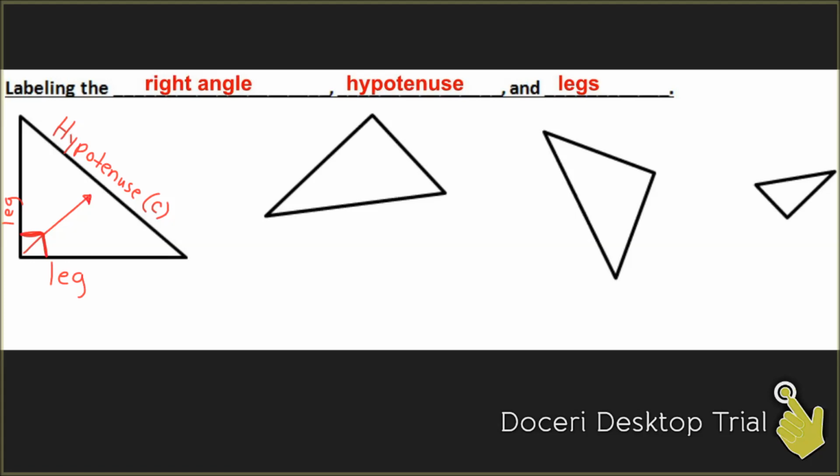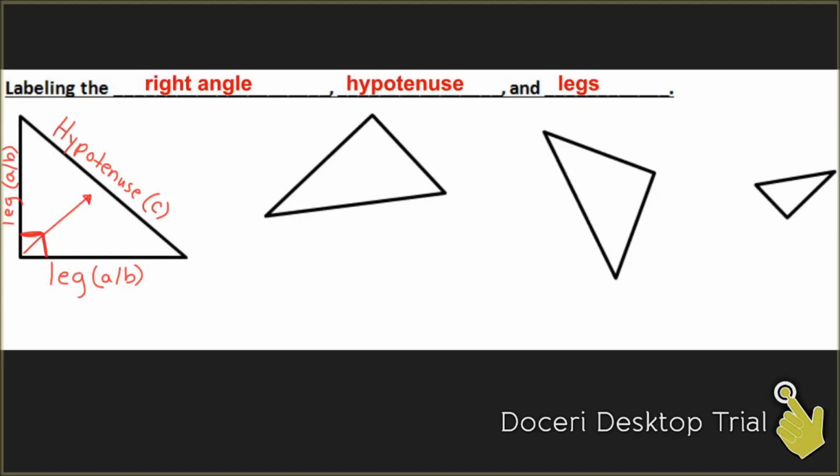Now, the cool thing about the legs is they could be A or B. It's interchangeable, and we put that in our Cornell notes. So when we label this, you're going to write that our height, or our other leg that's going up, is A/B, because it could be either side, and we'll talk about what that means here in a second. And the base, that leg, could also be A or B. Okay, so we just labeled the parts of our triangle.